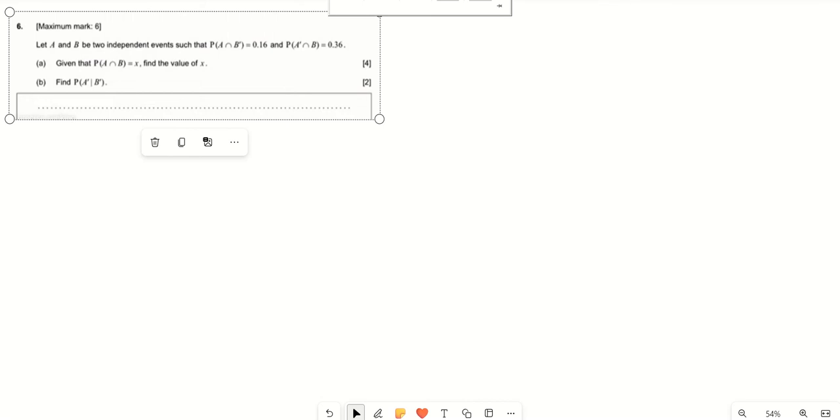Question 6. So this is a probability question that can be solved using the Venn diagram. So we have two events.